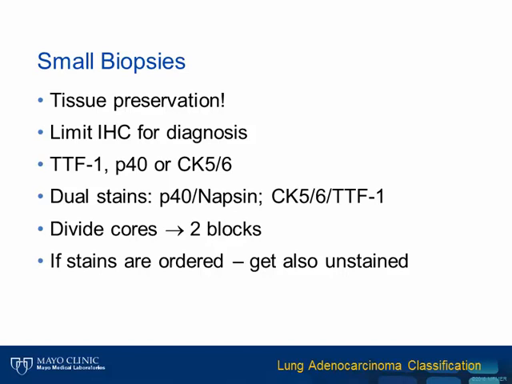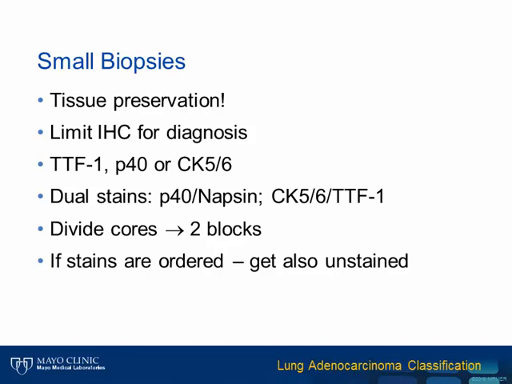We often have to perform immunohistochemistry for subtyping of non-small cell lung carcinoma, which is important for treatment. However, we should limit the immunohistochemical panel to only a few stains if we can. A panel might be comprised of TTF1 and P40 or CK5/6.